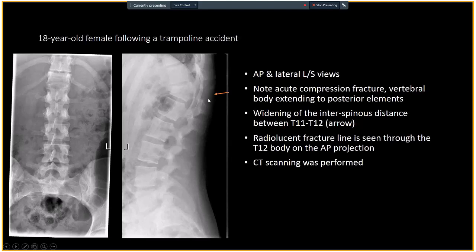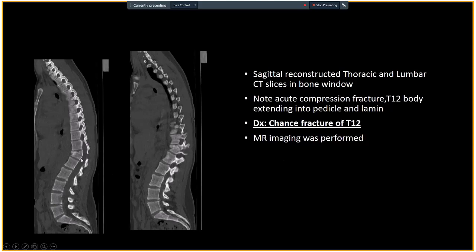In addition, you can see significant widening of the interspinous distance between posterior elements. CT scanning was performed, and you can see significant extension through the posterior elements. So the fracture is something known as a chance fracture, also known as a fulcrum or seatbelt fracture.